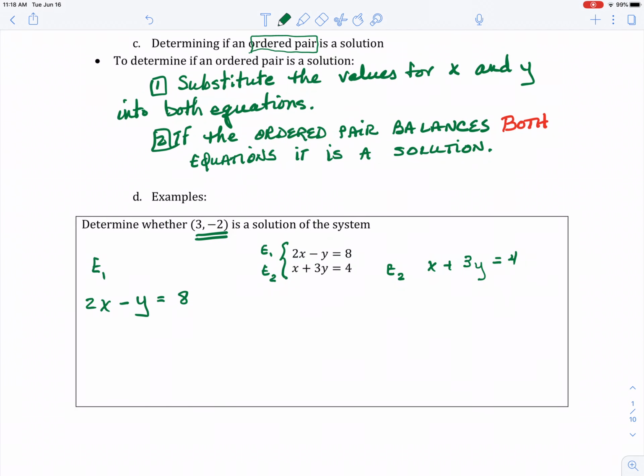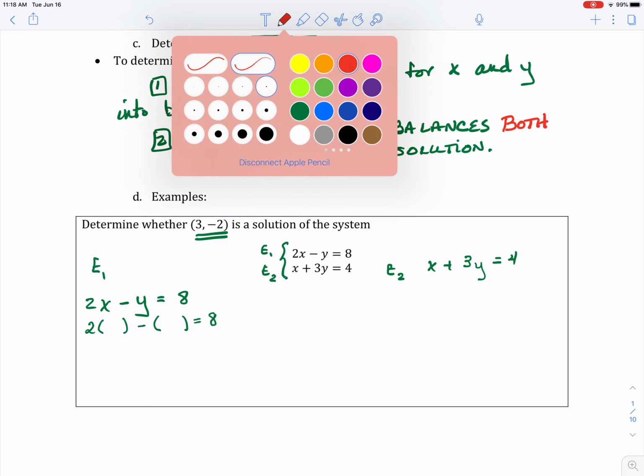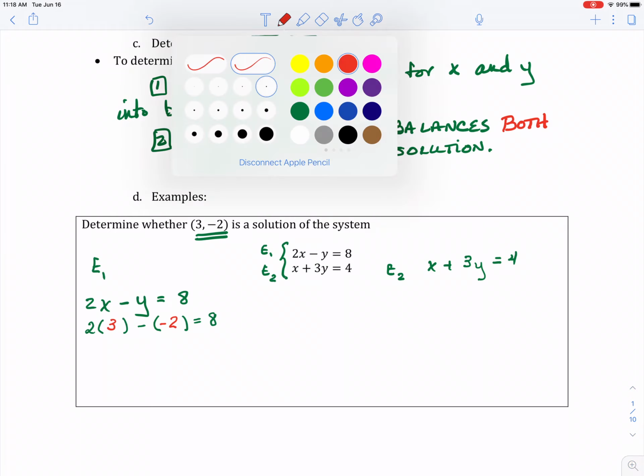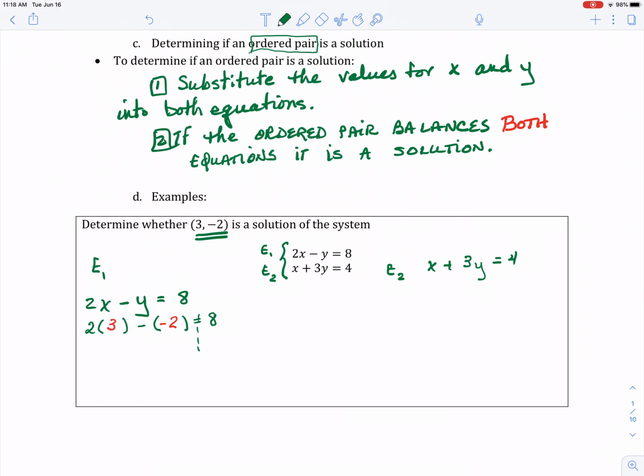So here's our first example, an ordered pair with an X coordinate of 3 and a Y coordinate of -2. And you can see that I have taken this system and I've numbered these, equation number 1 and equation number 2. So on the left, I'm going to go into equation number 1, create a little placeholder for X and for Y, and then I'm going to substitute in the 3 for the X and the -2 for the Y. And at this point, here's my left side, right side.